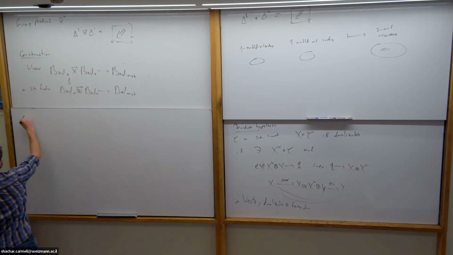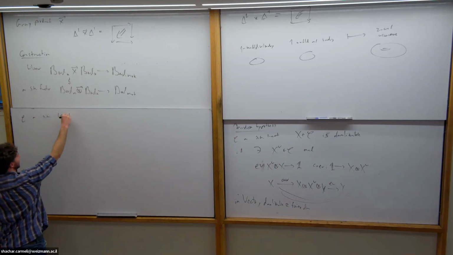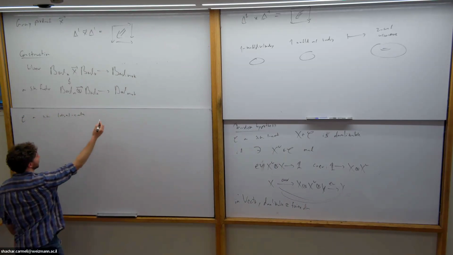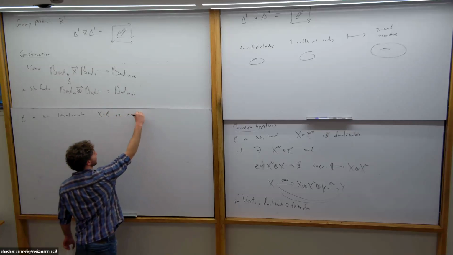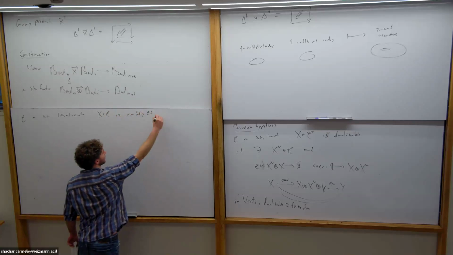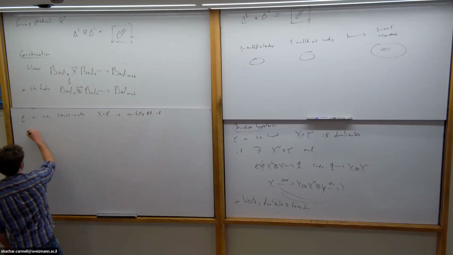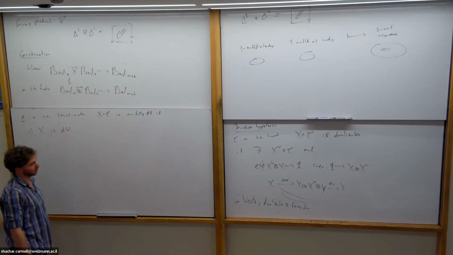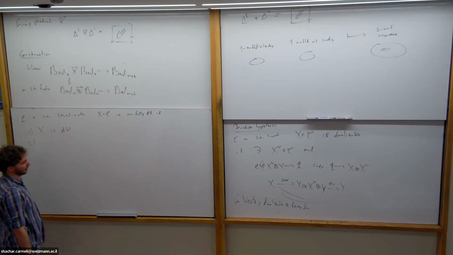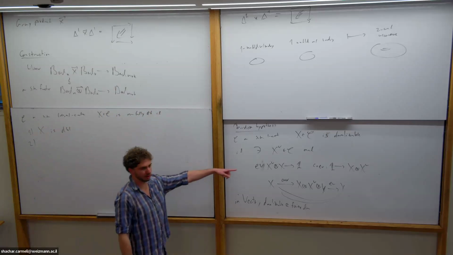So we take a symmetric monoidal infinity n category C. We say that X in C is n fully dualizable if, first of all, X is dualizable. And then from the dualizability, we have evaluation and co-evaluation maps.